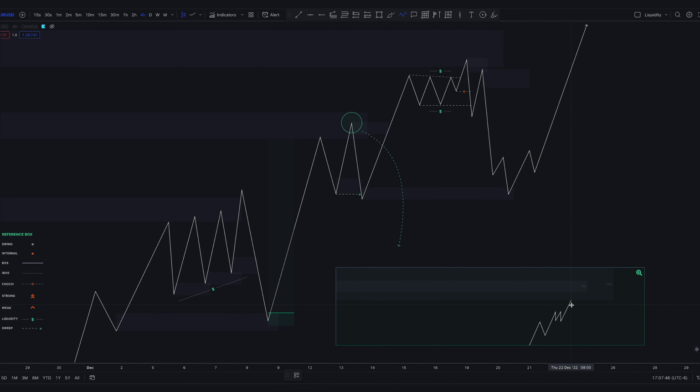Sorry, let me see here. Yeah, so you see this first reaction here, and then price comes back here. So let me just stop here for a second. So here, correct? The 1 minute is going here, and it reacted to this 15-minute zone, and it's not inside of the 1 minute yet.